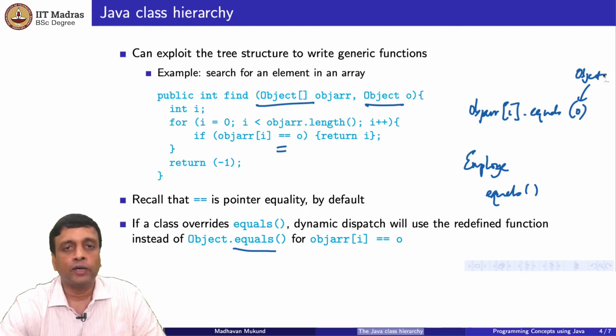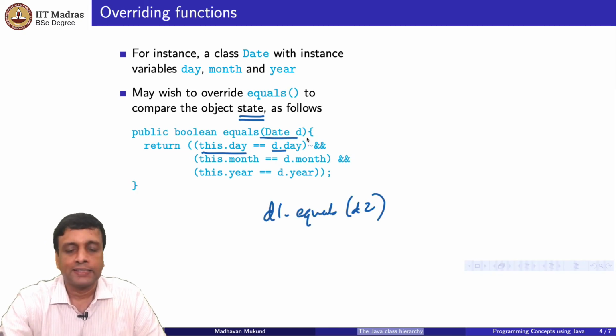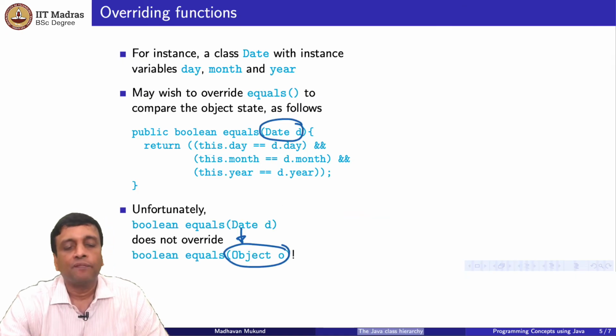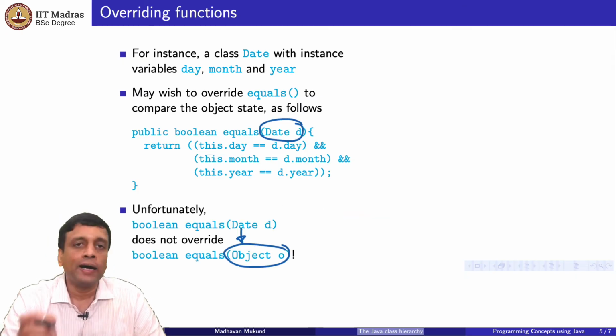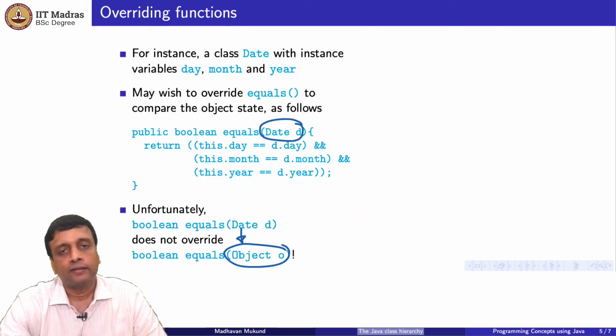So in this particular context, it will work only for the object. If I pass a date here, it's not going to use the date function because the date function has a different signature. So it will go back and unfortunately look at the old object type.